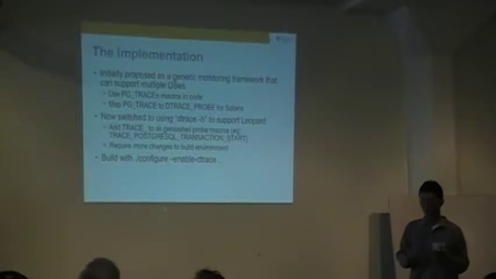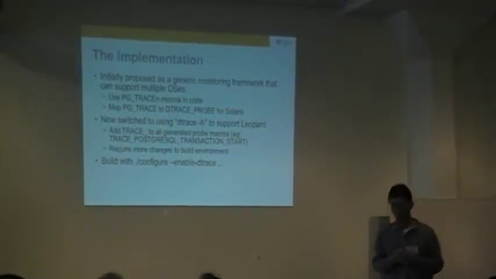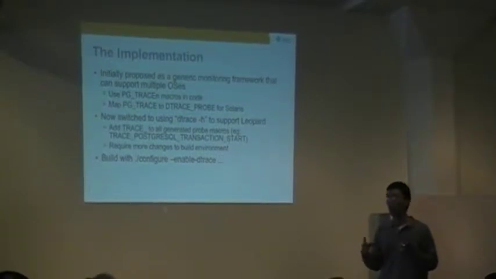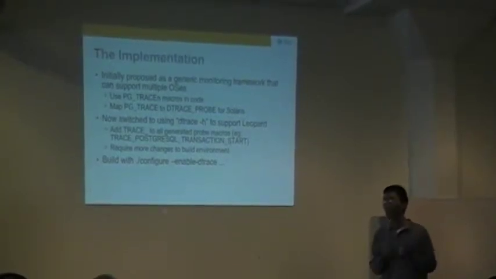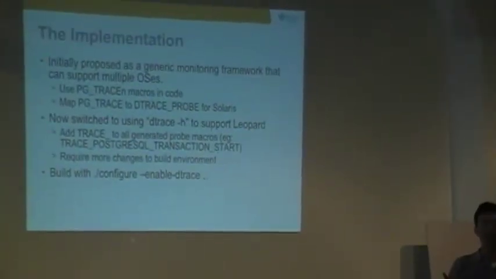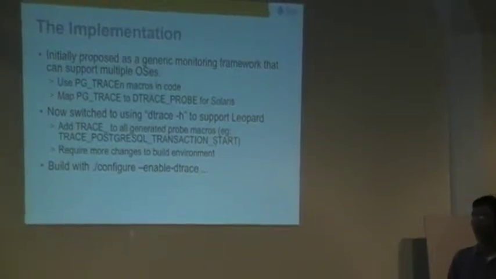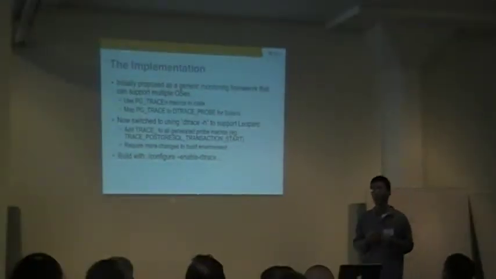And here I'm just talking a little bit about how we went about putting the probes in. Initially, my proposal was to make it more like a generic monitoring framework that would allow other operating systems to take advantage of the APIs, if you will. So we went ahead and decided to use the old approach of doing USDT using the dtrace probe, and actually map that into another macro called dtrace.